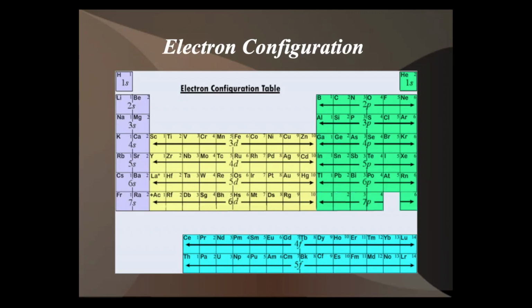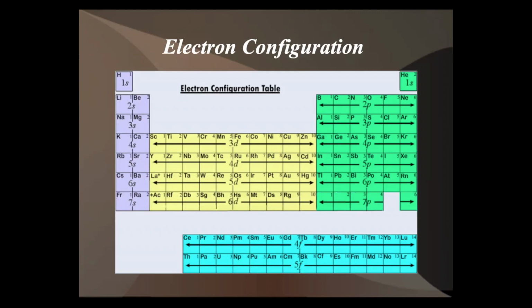What comes after that? Now there's a surprise: it's 3d, which doesn't really seem to make sense. But the d is a complex shape, and because it's complex, it's easier to be in level 4s than in 3d at first.